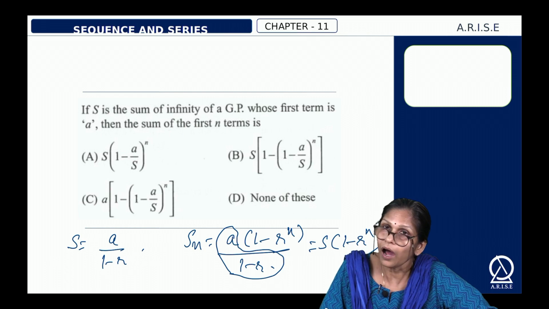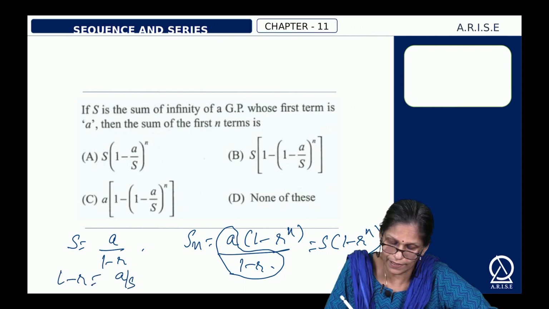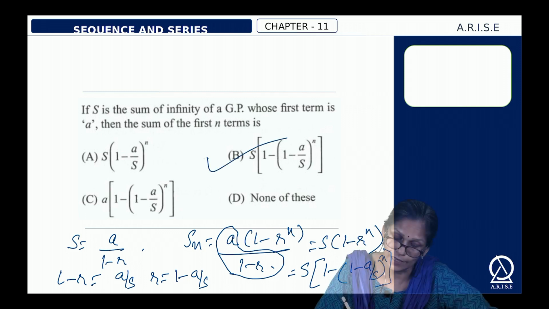Now, here R also is to be written in terms of A and S. So, let us find R in terms of A and S from the given data. 1 minus R is A by S. So, R is 1 minus A by S. Substitute that value of R here. What is it? S into 1 minus A by S the whole raised to n. So, option B is your answer.